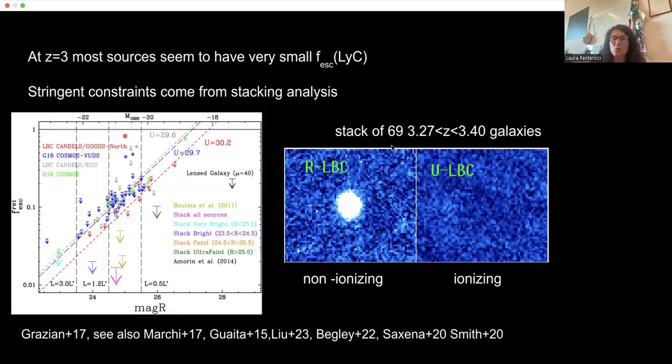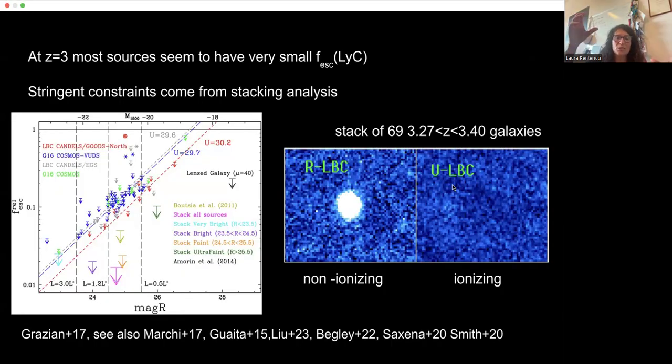So for example, this was a work by Grazian some years ago, where they took about 70 sources in a very narrow redshift range, so that the R band would encompass the non-ionizing continuum, and the U band would encompass the ionizing continuum.